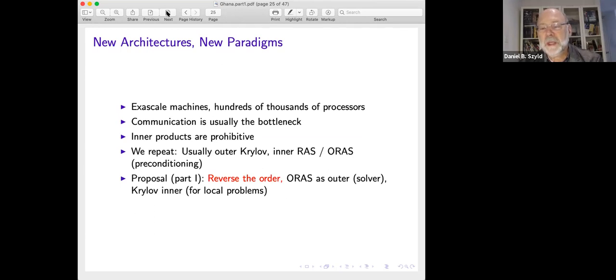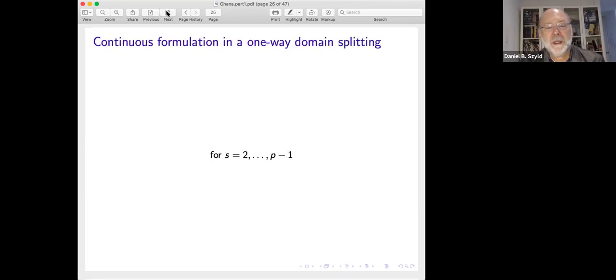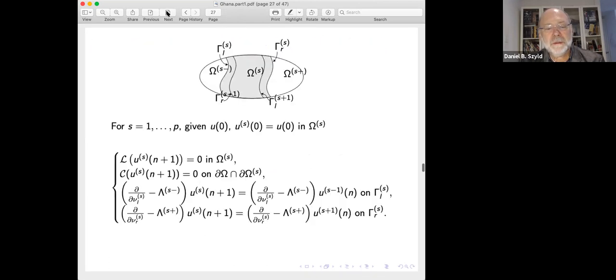Do optimal Schwarz or restricted iterative Schwarz as the solver, and then for the local problems of, say, 5,000 variables, use a Krylov method, or just solve it directly if it's only 5,000 variables. So this is a continuous way of thinking of this solver.